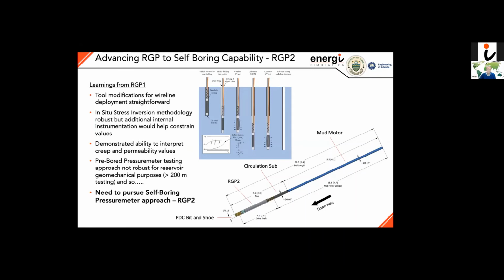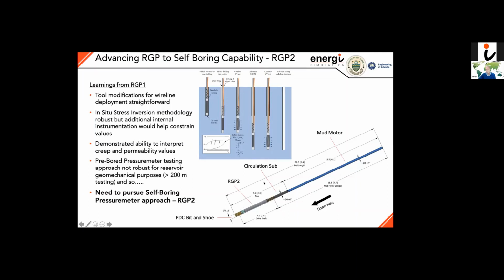A big part of the advance of this, though, and a lot of the learnings from what we called RGP1, was that we needed a self-boring pressuremeter. That really, to improve our ability to invert for in situ stress, meant that self-boring was important. So we've actually taken on the challenge of building a tool.